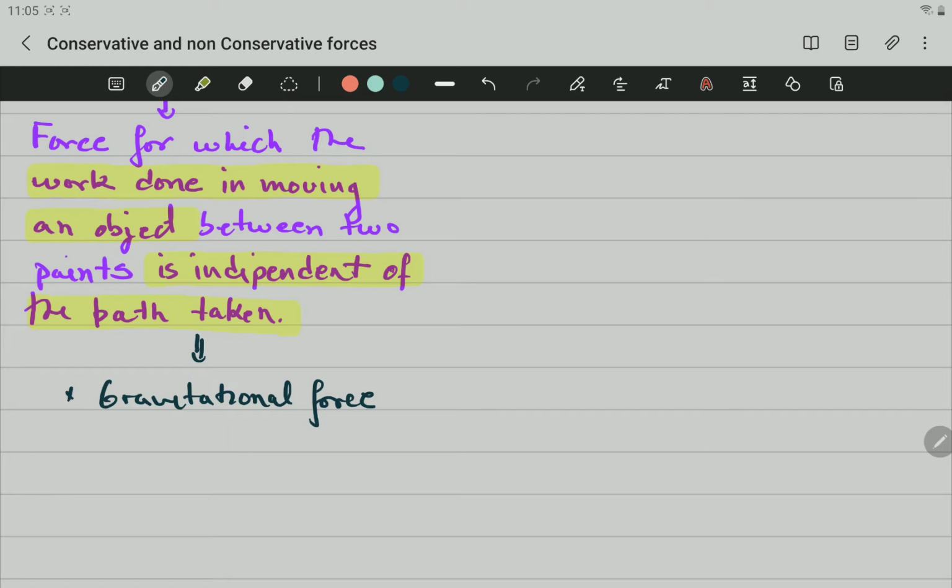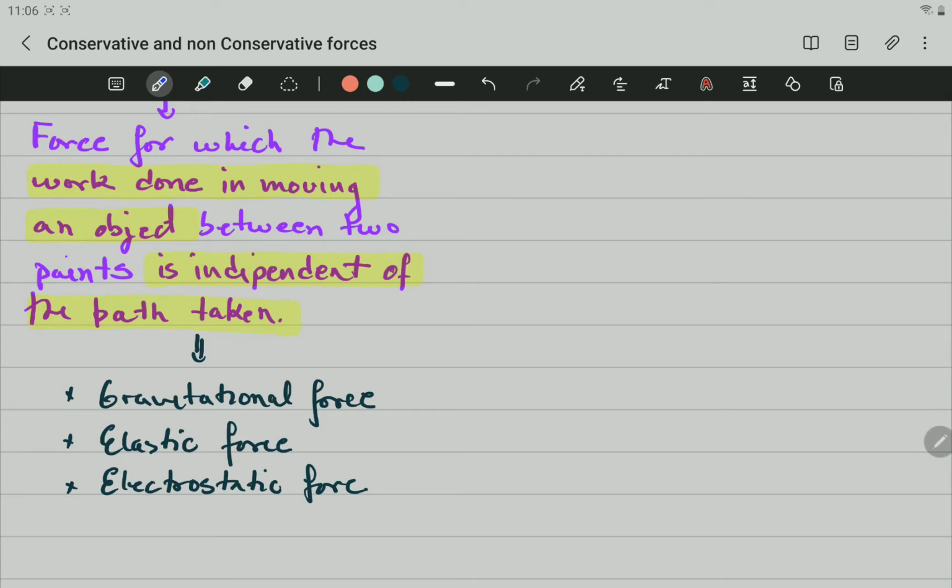the other example is elastic force, and another example is electrostatic force. So those are examples of conservative forces.